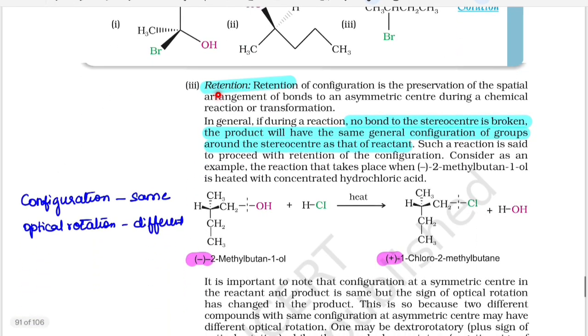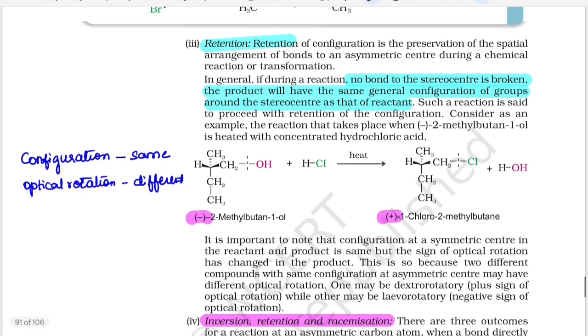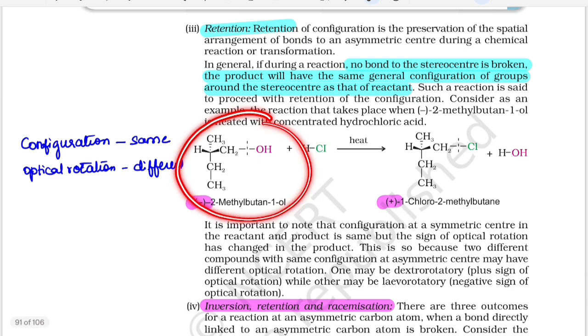And then retention. So we will see retention: when no bond to the stereocenter is broken, the product will have the same general configuration of groups around the stereocenter as that of the reactant. So here you can see this is the molecule taken, that is 2-methylbutan-1-ol.